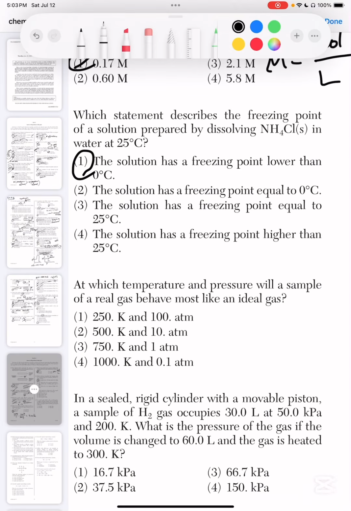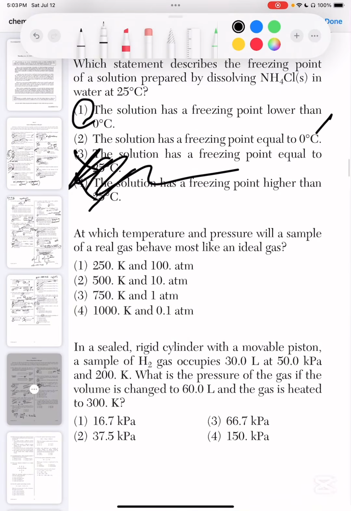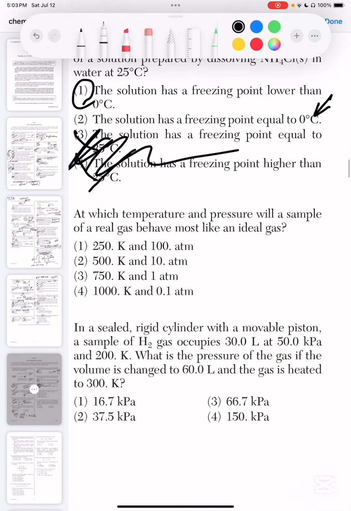And why would the freezing point be 25? That's just silly. This is like pure water, right? And since we know they're dissolving solute, the ammonium chloride, into it, it's changing the freezing point.